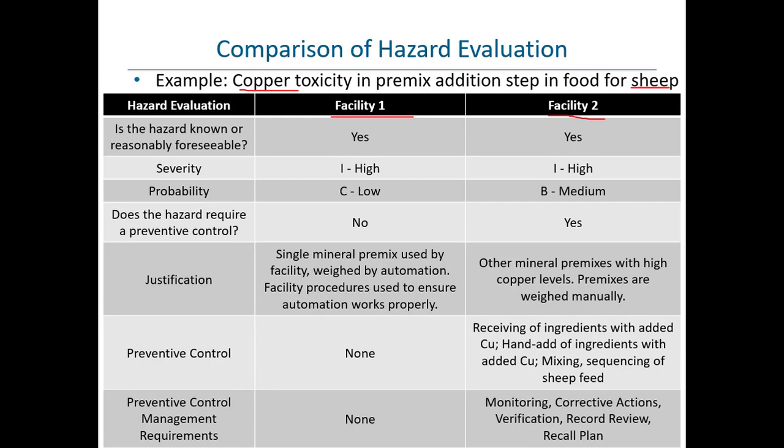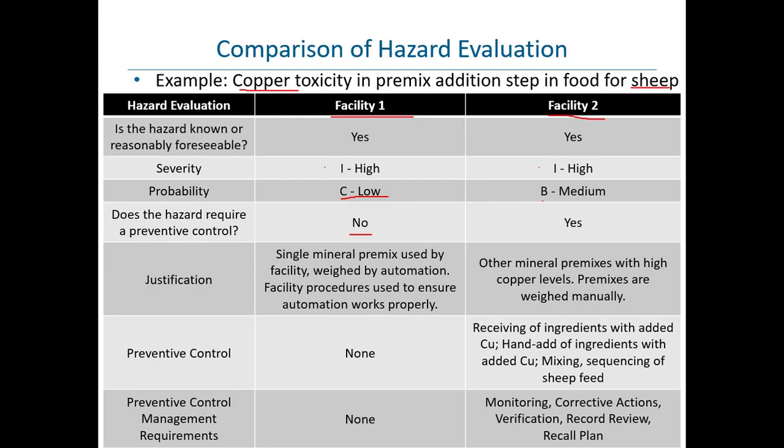So is it known or reasonably foreseeable within your facility? Both of them said yes. The severity is going to be high and high. They're both feeding sheep. Copper kills sheep. But take a look at the probability. Facility number 1 said their probability was low, and so they put a no decision. They're not going to have a preventive control.